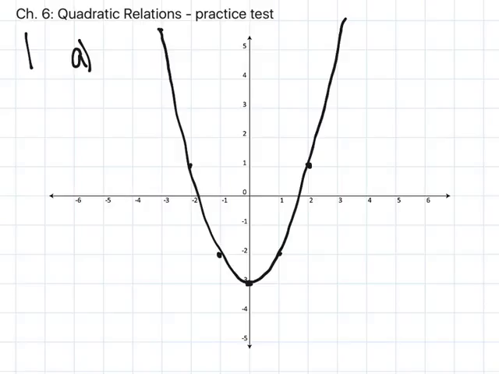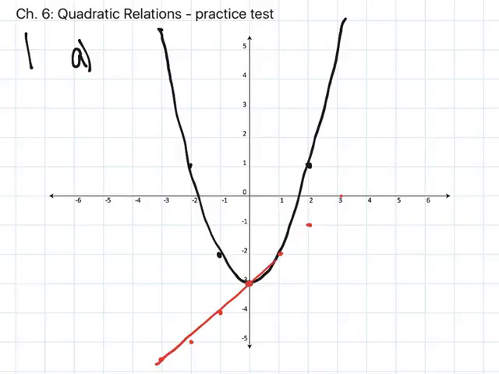I'll do B in red. So we have -3, -6, which is somewhere down here, -2, -5, -1, -4, or 0, -3, 1, -2, 2, -1, and 3 and 0.